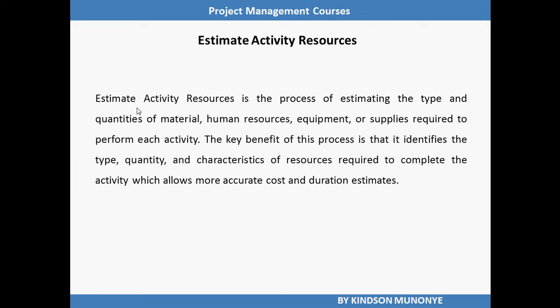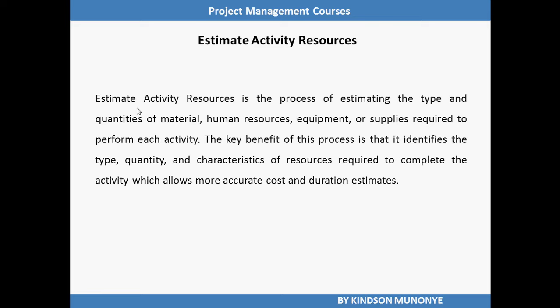However, if the local labor pool lacks experience with unusual or specialized construction techniques, the additional cost for a consultant may be the most effective way to secure knowledge of the local building code. So you see why we say that estimate activity resources is closely coordinated with estimate costs. Estimate cost, for sure, is from the cost management knowledge area, which we are going to look at later on.